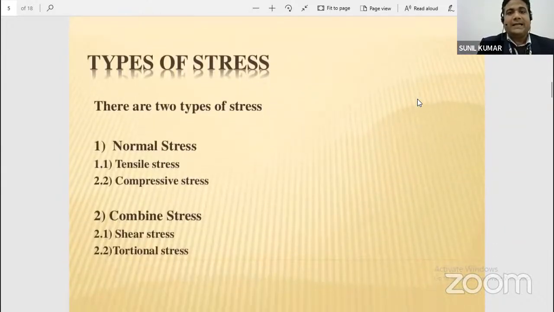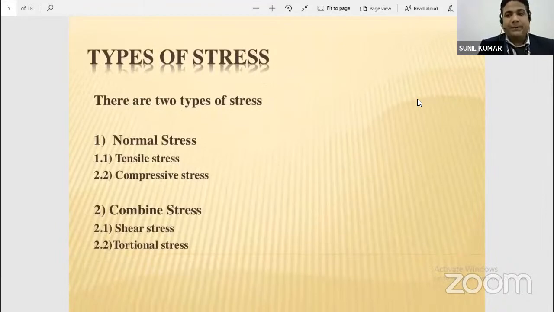There are types of stresses, meaning what types of stresses are generated. First is the normal stress, whose subcategories are tensile stress and compressive stress. Then combined stress, whose subcategories are shear stress and torsional stress.